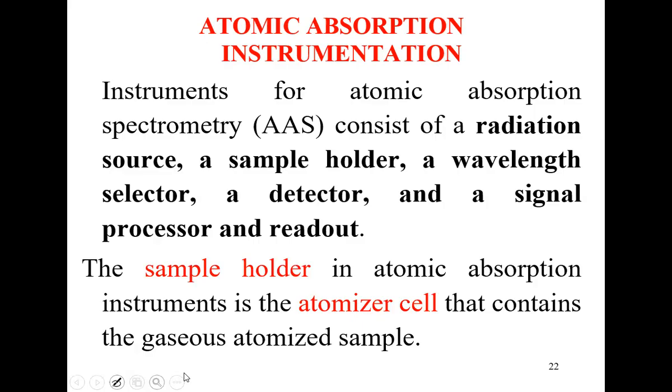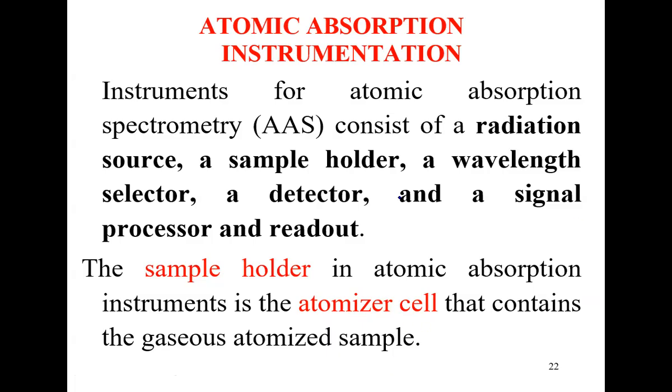That's the flame. That's where you put your atoms. And like UV, where you put your sample in a cuvette, or in IR, where you can either put it in a solid cup or mix it with a KBr pellet, right? So those are the things. The sample holder in an atomic absorption instrument is the atomizer cell and contains the gaseous atomized sample.